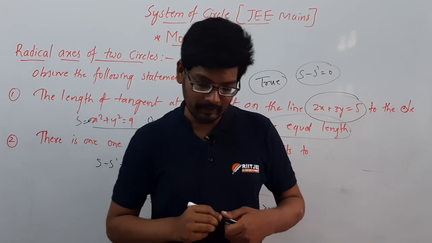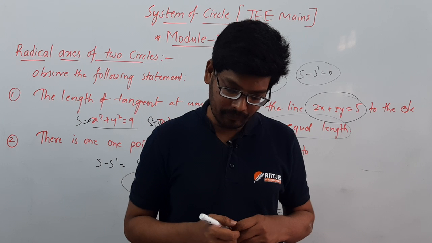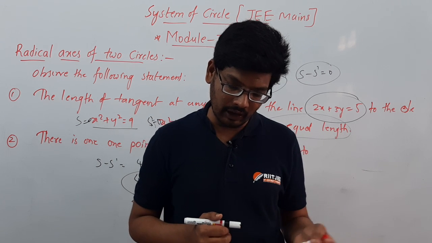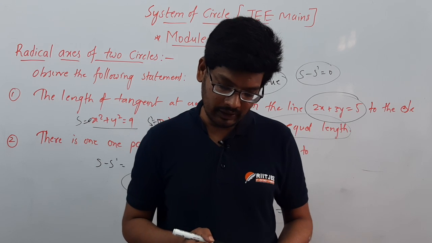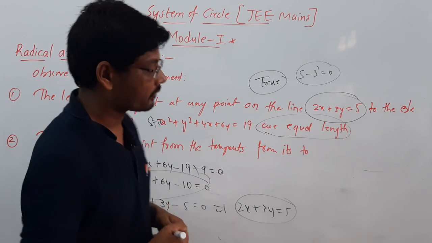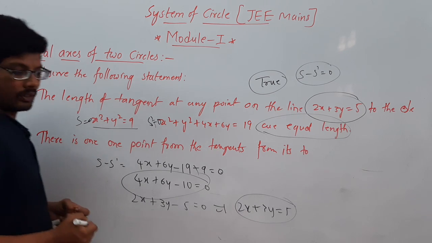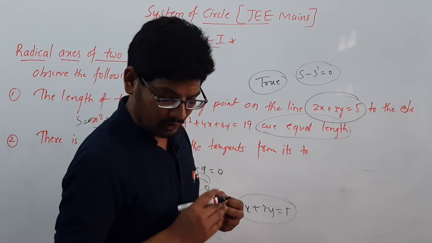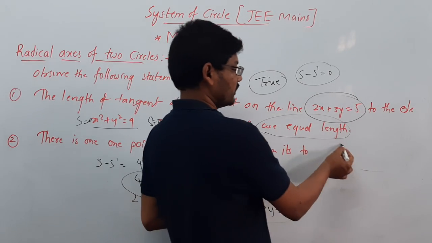And the second point: there is only one point such that the tangents from it to three given non-concentric circles whose centers are non-collinear are equal in length. For non-concentric circles, he is saying there is only one point. Simply think about it.